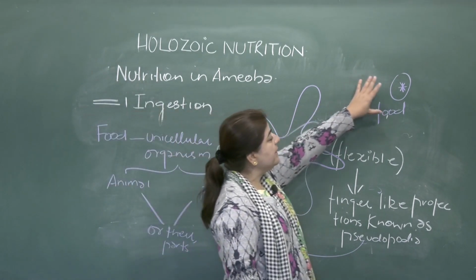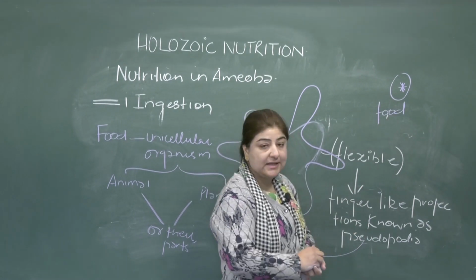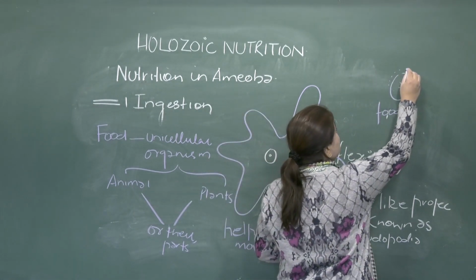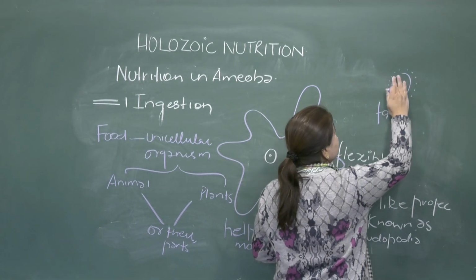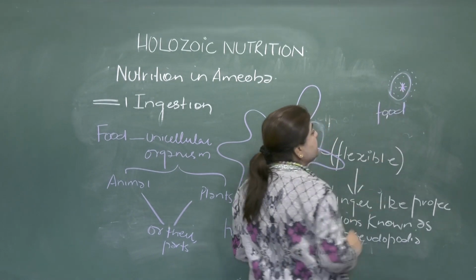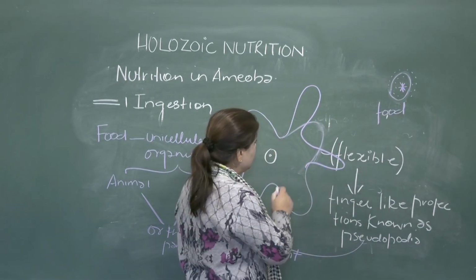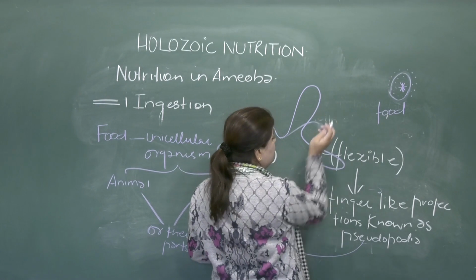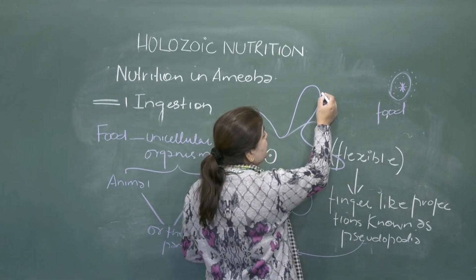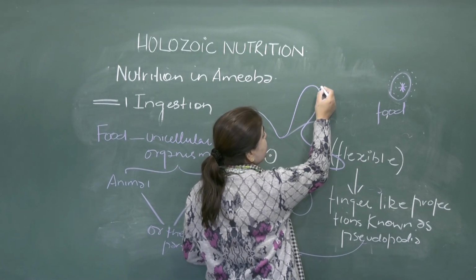Now when the food is there in the surrounding medium, certain chemicals are released by this food. On the cell membrane of the amoeba, there are small receptors.